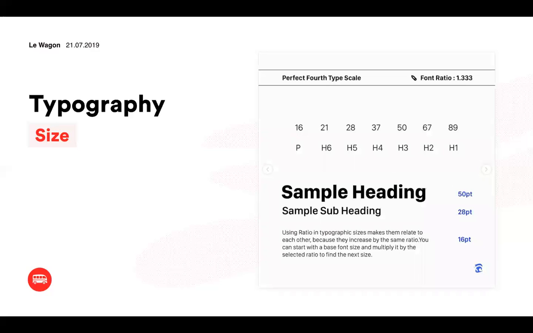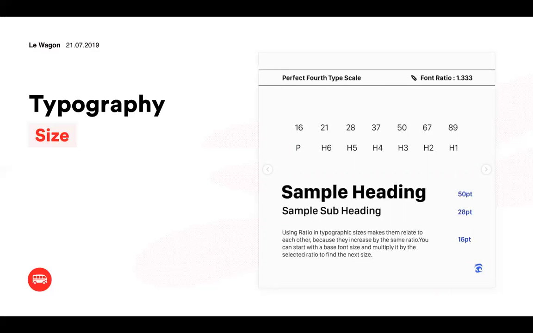So look at this example. You have a sample heading that's 50 points and a subheading that's 28 points. Points is just another way of defining the size of your fonts. We are using pixels, it's fine as well. And then your base font size is 16 points. So you decide what your paragraph size would be, and then from there, you increase.